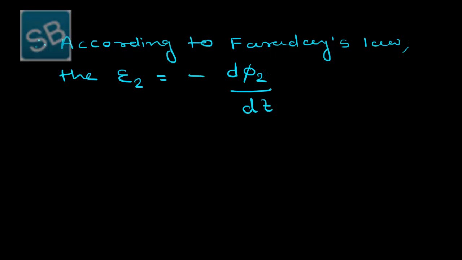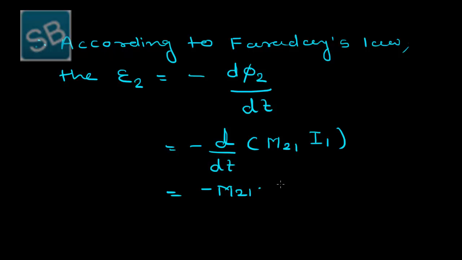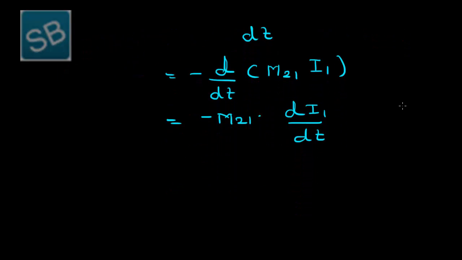Now, the value of phi 2 from equation 1 I can substitute over here as minus d by dt of M21 I1. So that is equal to minus M21, which is constant with respect to time, so I am putting it outside of the differentiation, and dI1 by dt is as it is. So this is my second important equation in order to analyze mutual inductance further.